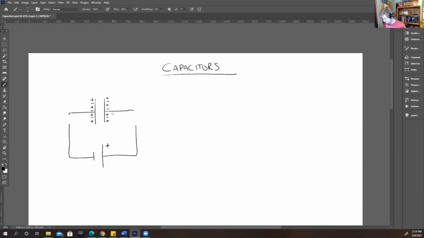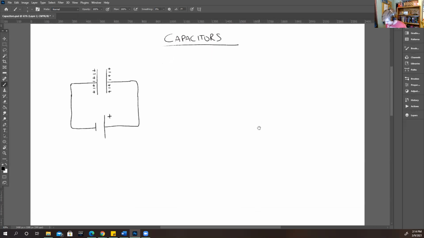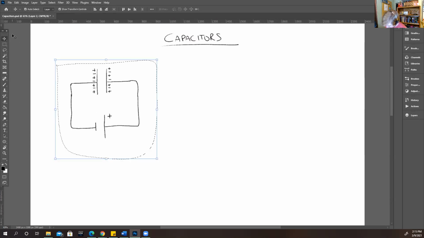Then, once you hook this up to a battery, now let me connect it to the battery, there is this freedom for the charge to move somewhere.